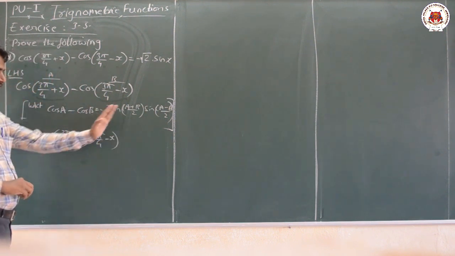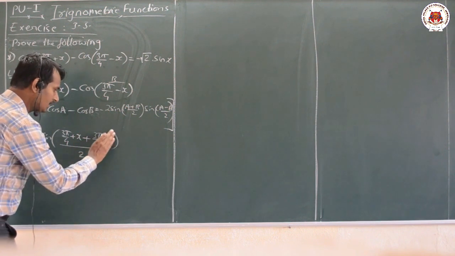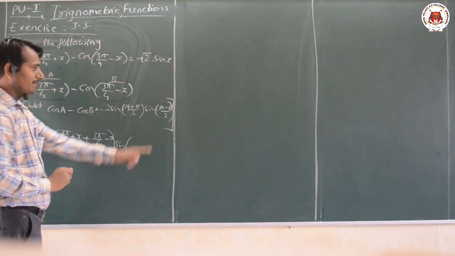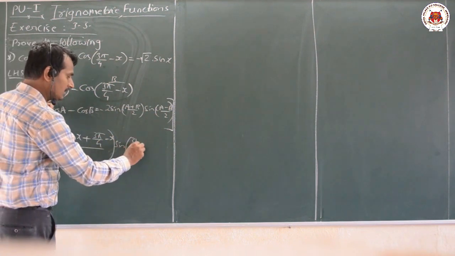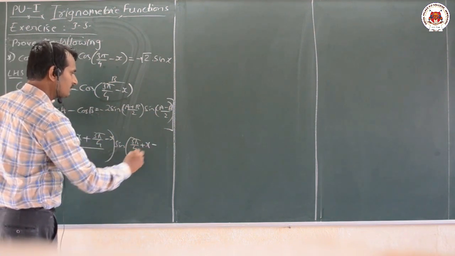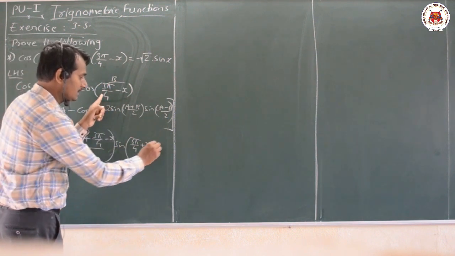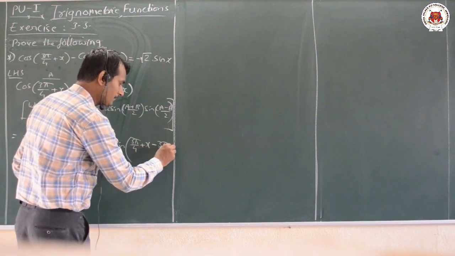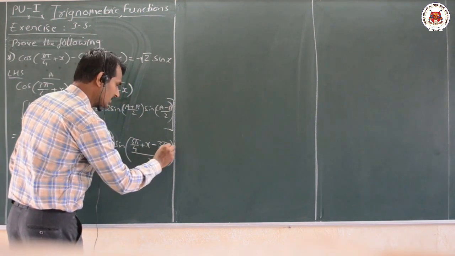That is sin of a plus b whole divided by 2. Next is sin of a minus b. a minus b means 3 pi by 4 plus x minus the b part, that is 3 pi by 4 minus x, minus into minus this value will be plus, whole divided by 2 here.